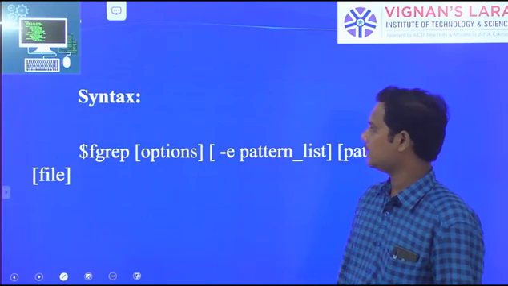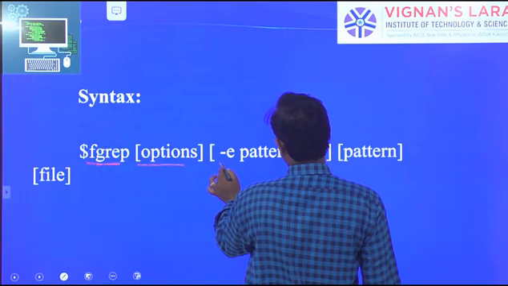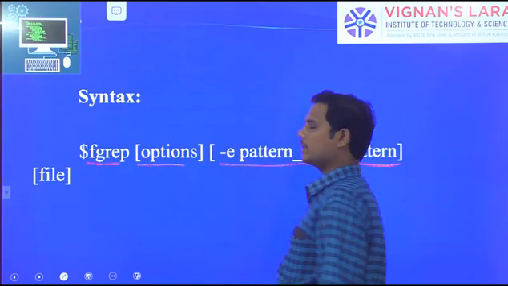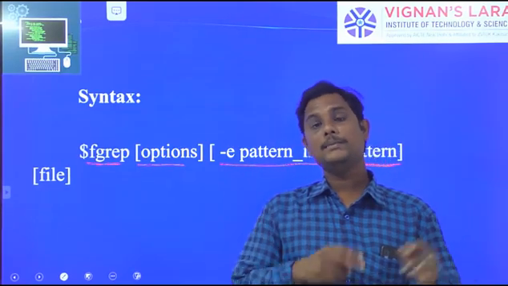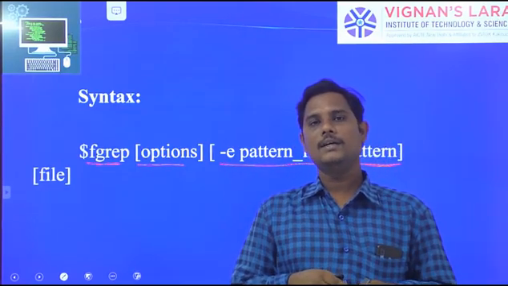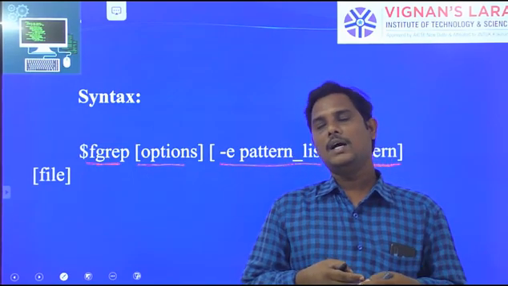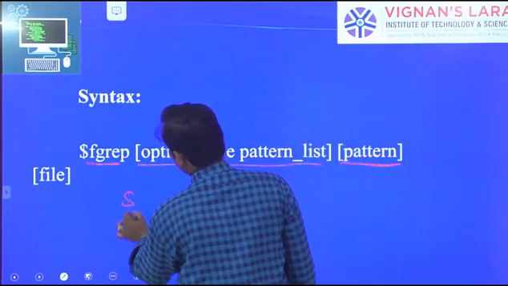So this is the syntax: fgrep, option, e, pattern list. Multiple patterns are given, not a single pattern. You can search multiple patterns and multiple files, not only a single file.